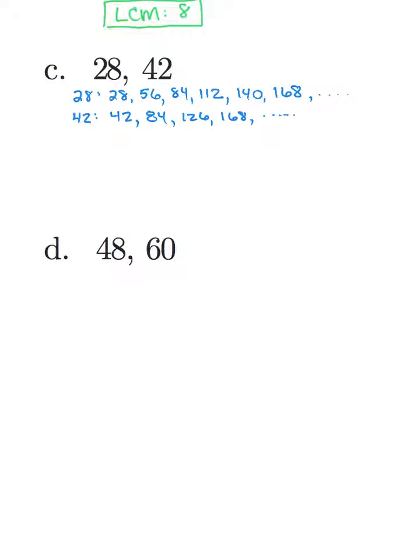Again, this list goes on forever and ever. From here, we want common multiples. So our common multiples, we have 84 appears in both lists. We also have 168 appears in both lists. And again, this list will go on forever and ever as well.